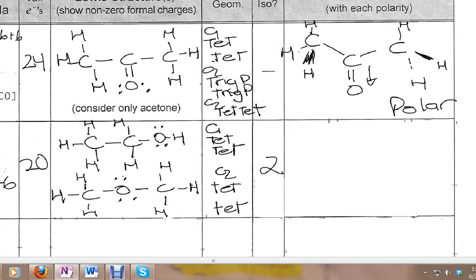And the same here. So the first isomer would be H, C, OH.